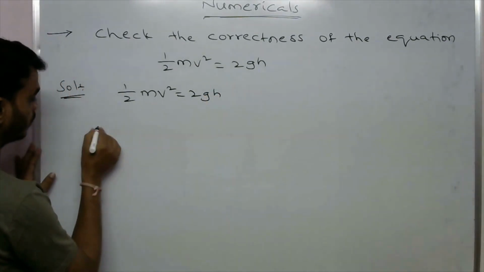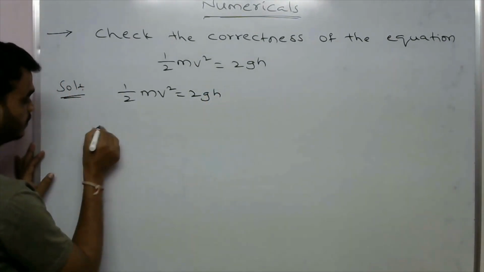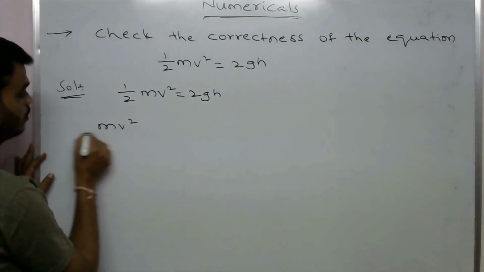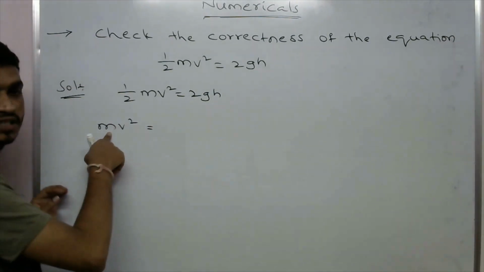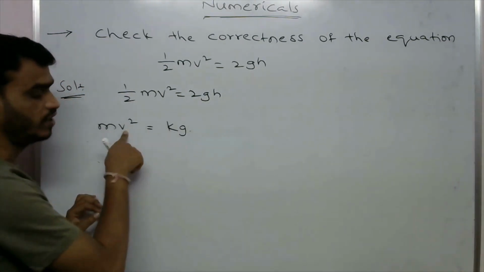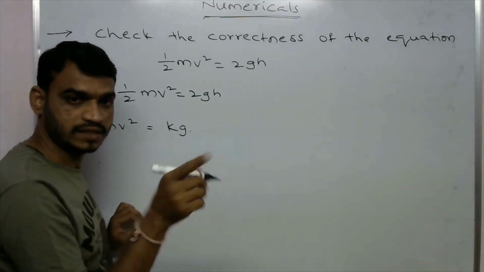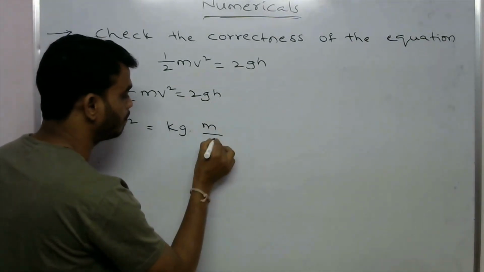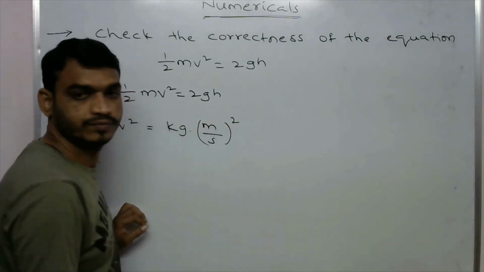So first, on the left side is mv square. So m is the mass, that is kg, and v is the velocity, meter per second. So meter per second whole square.